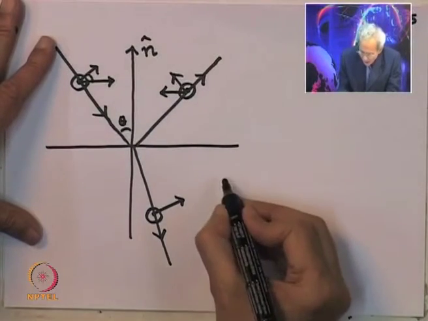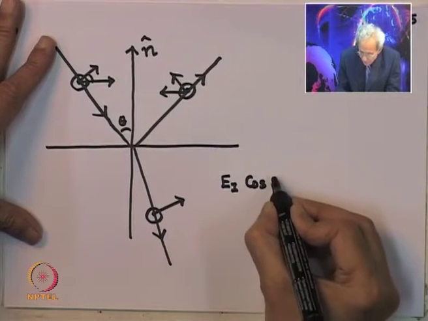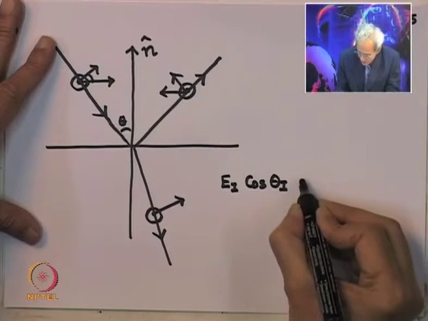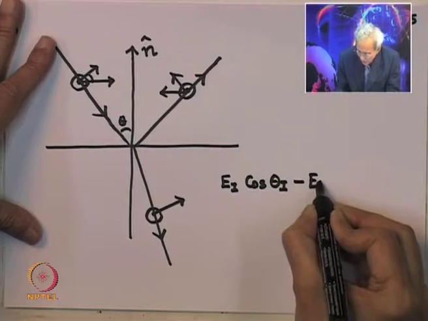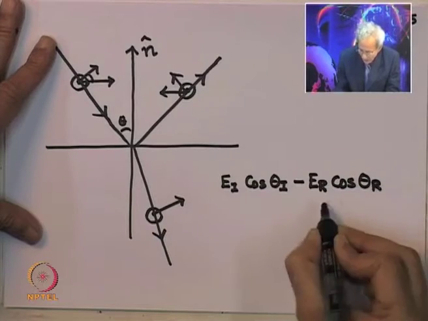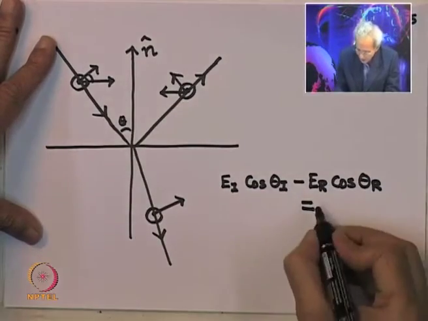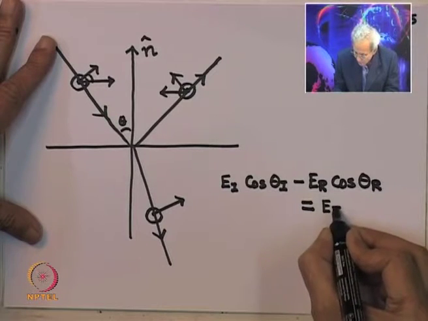As a result, what I get is E I cos theta I minus E R for reflection cos theta r, this is the direction in which I have subtracted, is equal to E t cos theta t.